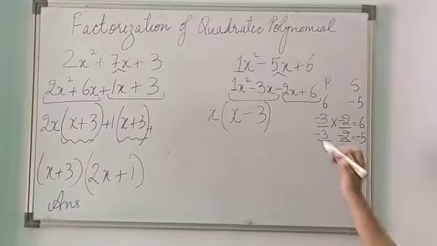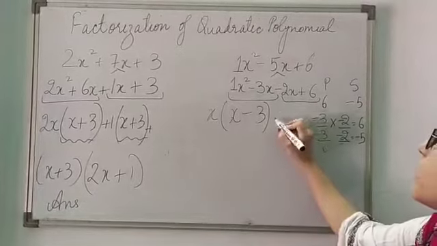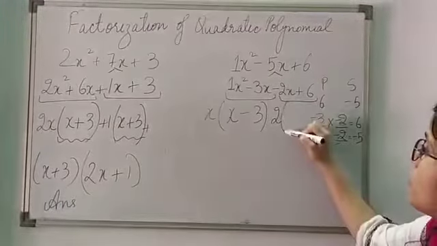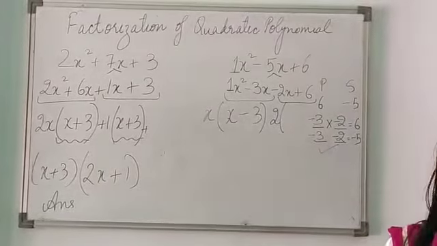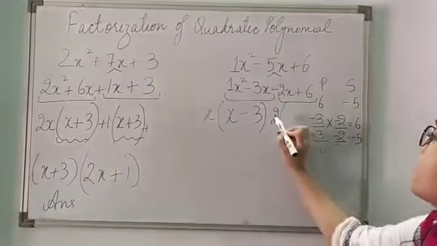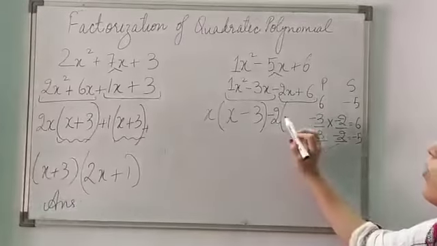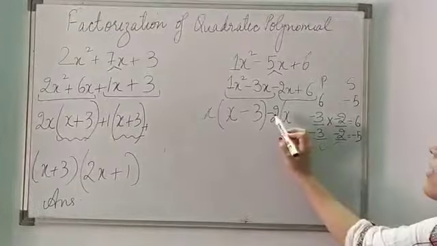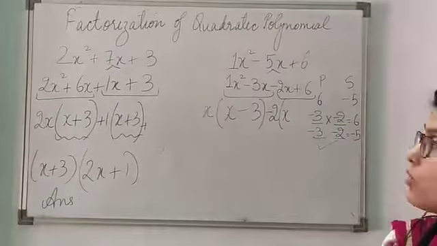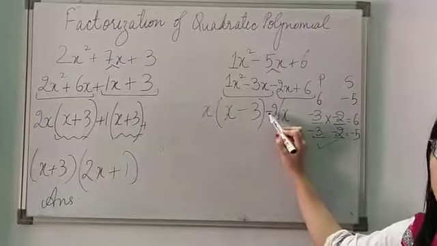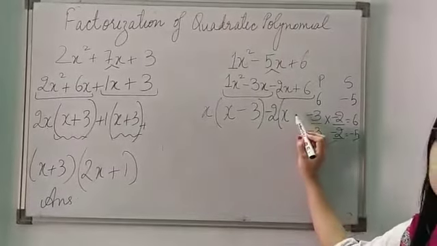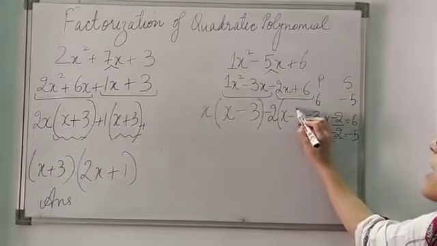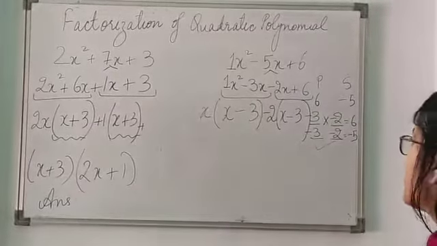After that, here minus 2x and 6, we know that in this case 2 will be common. Now plus 2 we have to take common, or minus 2 we have to take common. Here we will take minus 2 common. Once you take minus 2 common, here you will get only x, and always remember, I have explained you, whenever we take a negative sign outside as common, the signs inside the bracket will change. That means this plus will become minus, and 2 threes are 6 will be there.